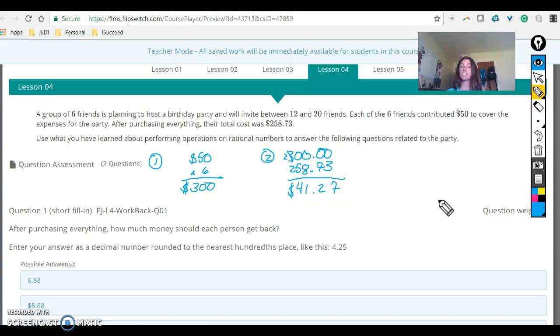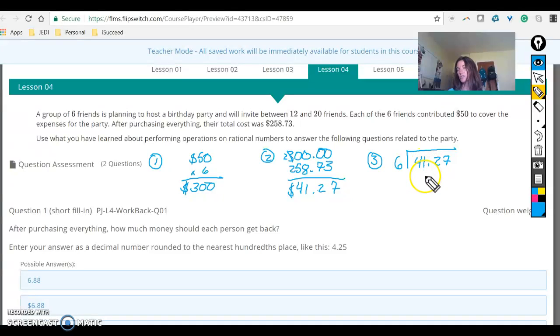Now to figure out how much each person gets back, we need to divide. This is our third step. We need to take 6 into 41.27. Again, we could use a calculator, but I'm going to do it the long way because I can. So I know 6 doesn't go into 4, but 6 almost goes into 41.